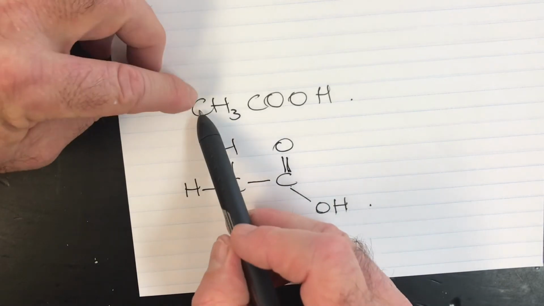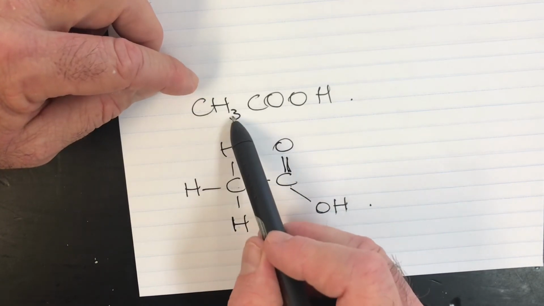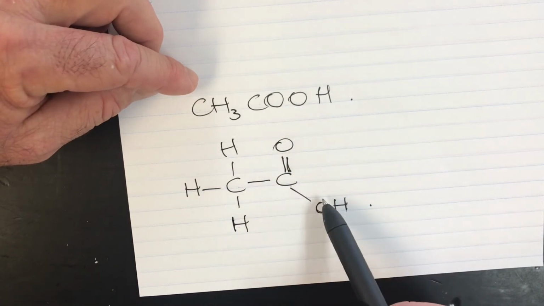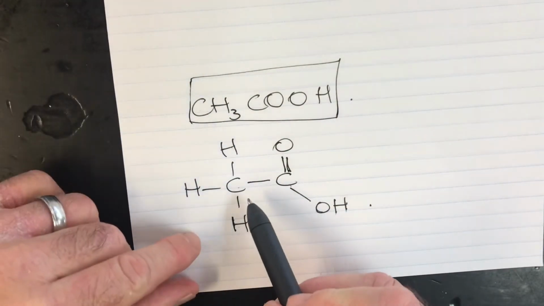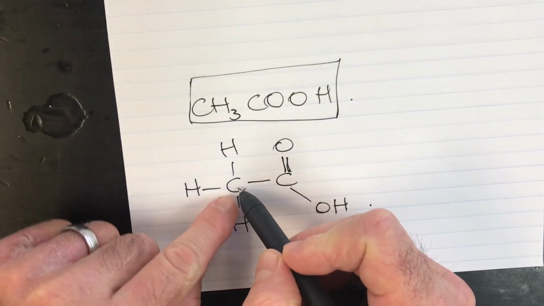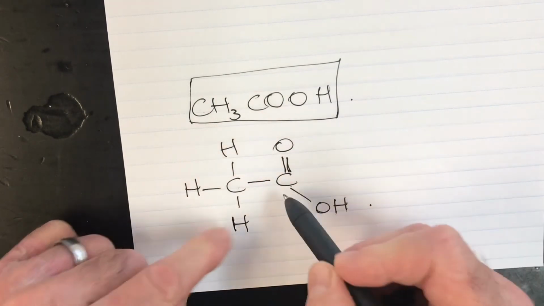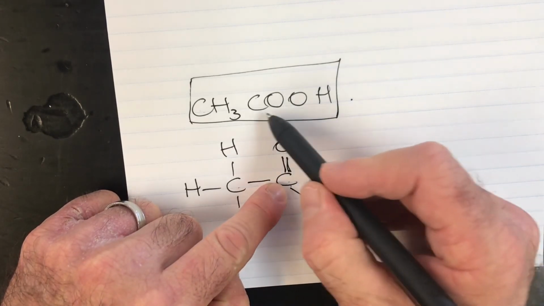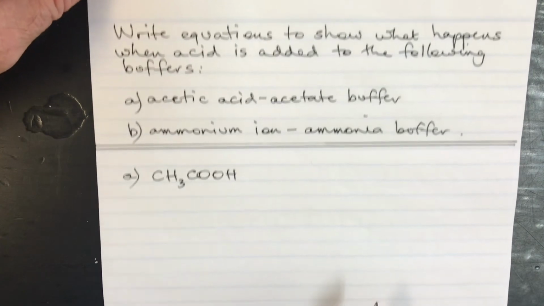C2, there's your two carbons, H4, 1, 2, 3, 4, and two oxygens, these two. So you can see why we write it like this, because this carbon here is attached to 3 hydrogens, CH3, and this carbon here is attached to 2 oxygens and a hydrogen at the end. So that's the reason why I'm writing it like this for this question.